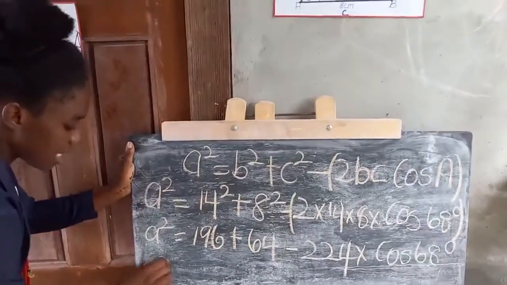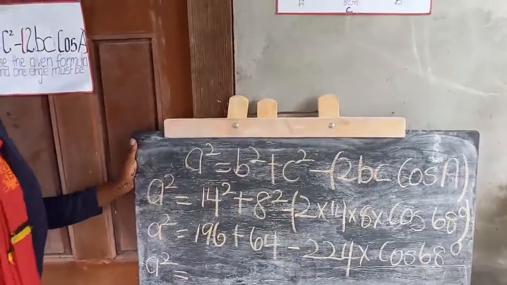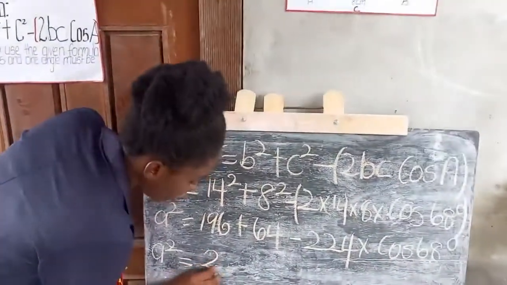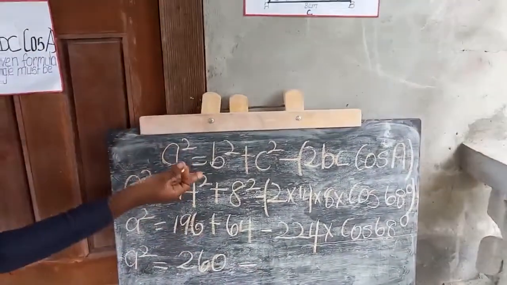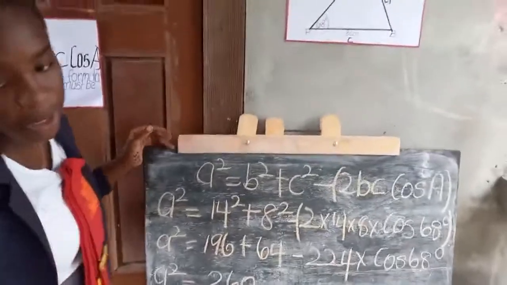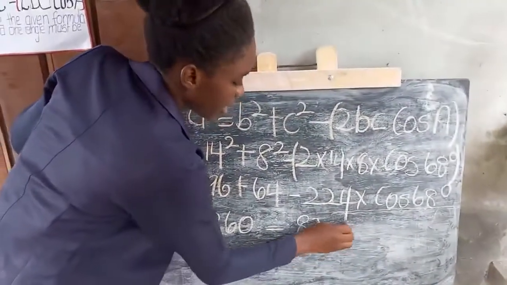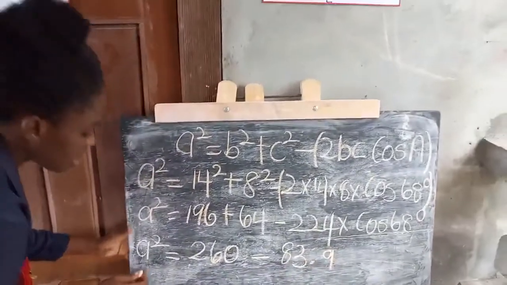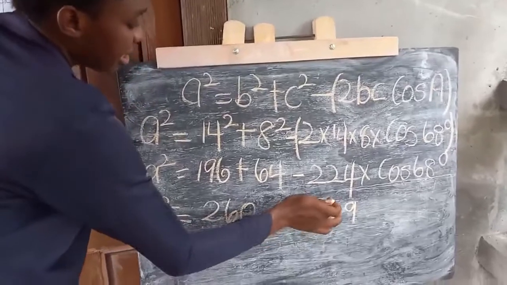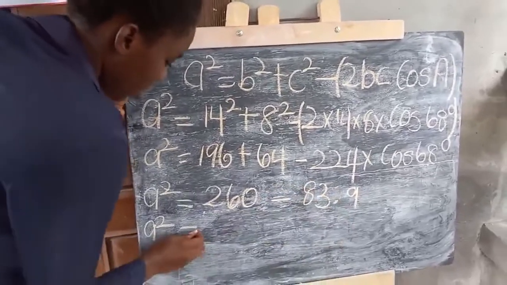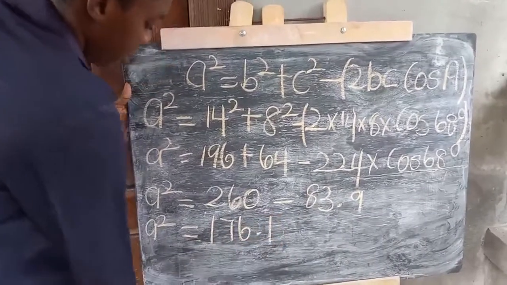Right? So a squared is going to equal 196 plus 64, and we're going to get 260, minus, when we multiply 224 by cos 68, what are we going to get? You're going to get 83.9. So a squared is going to equal 260 minus 83.9, and we're going to get 176.1.